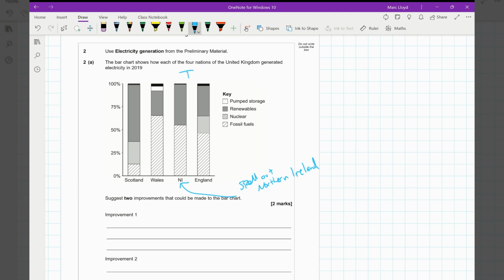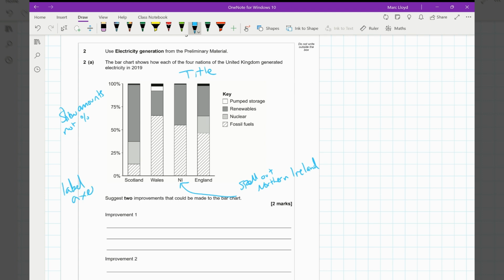There's no title, so we could add a title to this. We could show amounts and not percentages, although these guys are trying to show who has the highest proportion of renewables. We could label the axes.